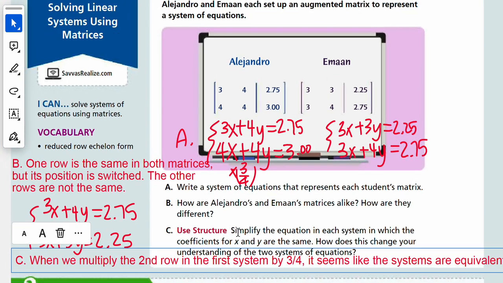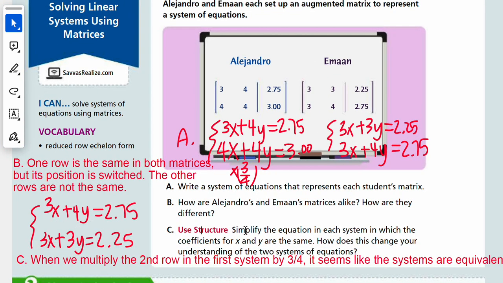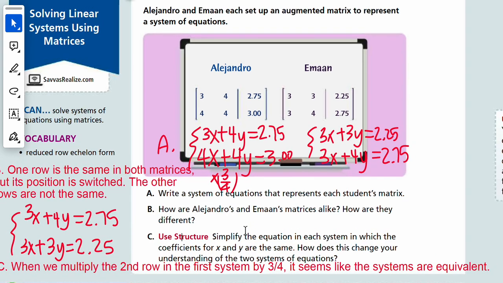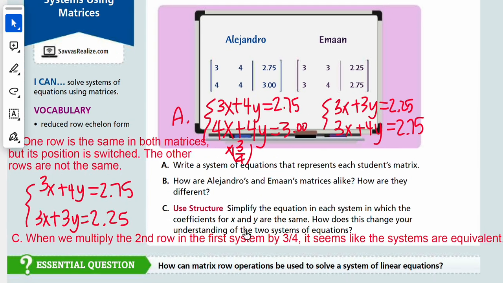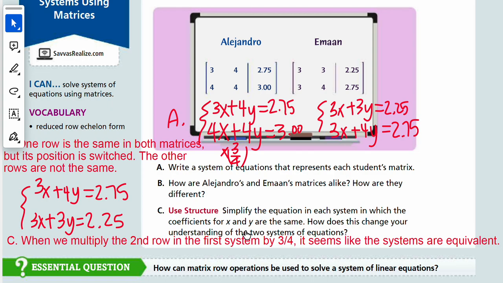Okay, there we go. All right, so in this lesson, we'll think about this essential question. How can matrix row operations be used to solve a system of linear equations?